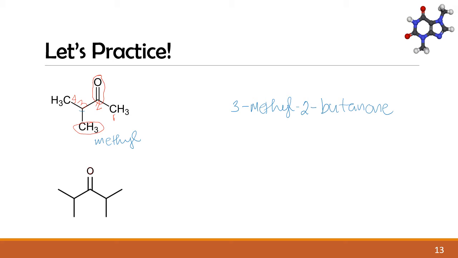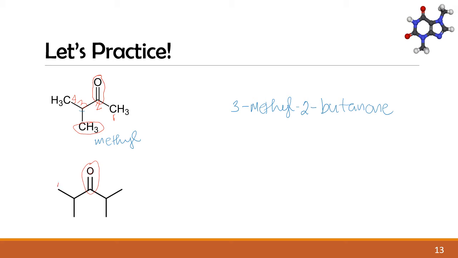Now let's go to our next compound. As with the first, we need to find the LCC, and the LCC must include the carbonyl group. In this case, since it is at the center, we can number left to right or right to left.